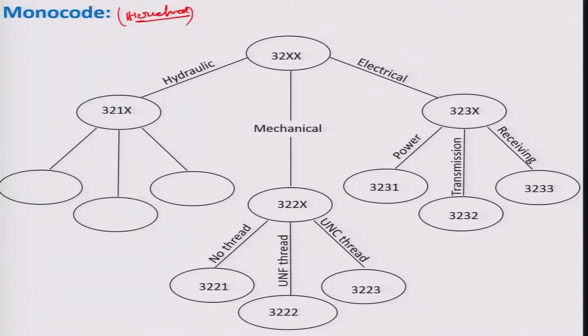layout coding system. Here you can see, suppose one code is 32xx. Each x depends on the previous one, so it makes a hierarchy, and each code is dependent on the previous code.